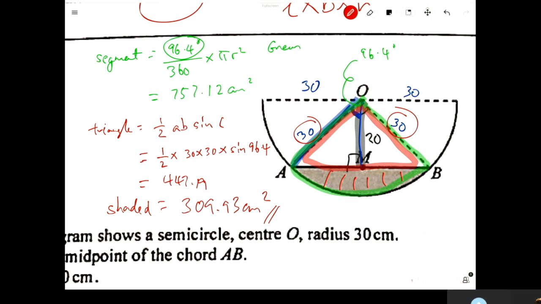Then the area of a major sector is just theta over 360. It depends on the angle. Like here it is 96.4, so we take 96.4 divided by 360. If it's the big one, you want to find the big angle.